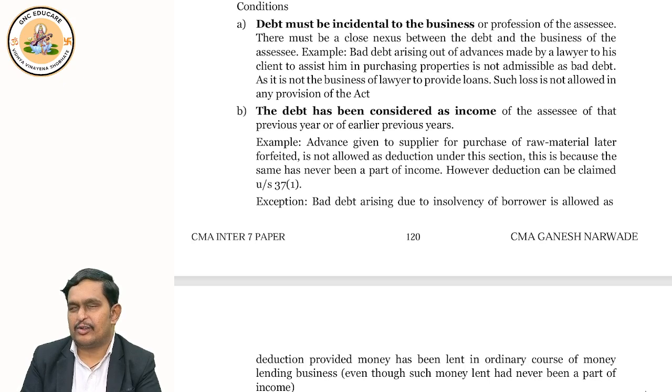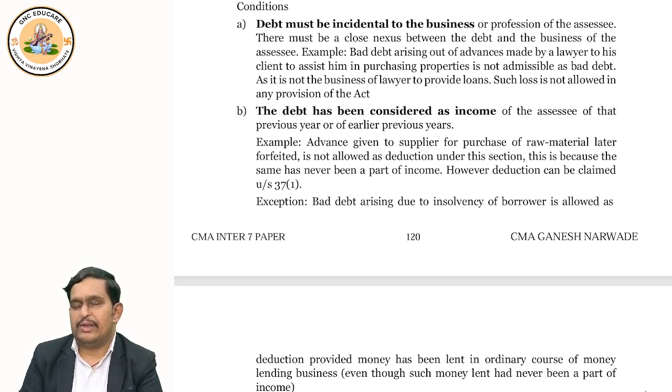Correct? Yes or no? And this credit sales will go to the P&L account. You may say trading account also, I do understand. But in corporate accounting practices, there is no trading account. That's why I said statement of profit and loss here, P&L account, whatever. Right? So there what will we write? We'll write sales as income.